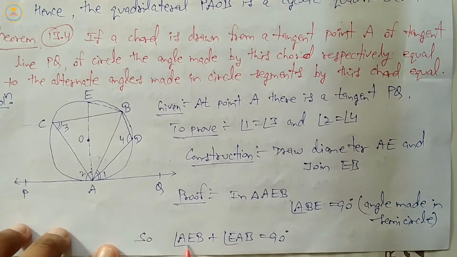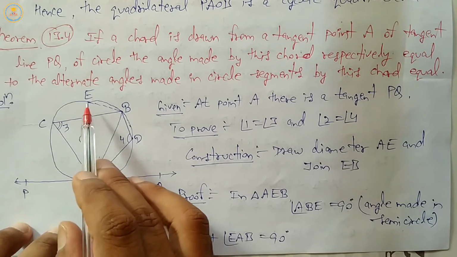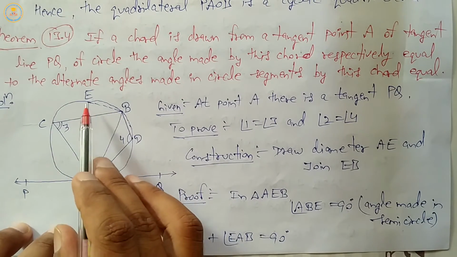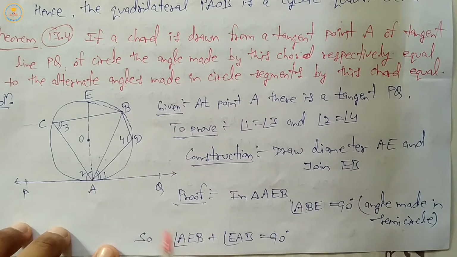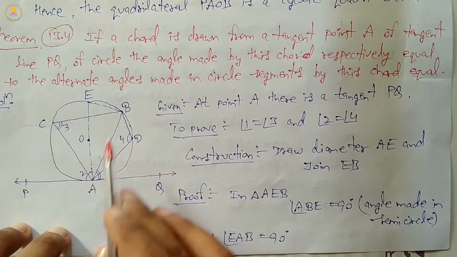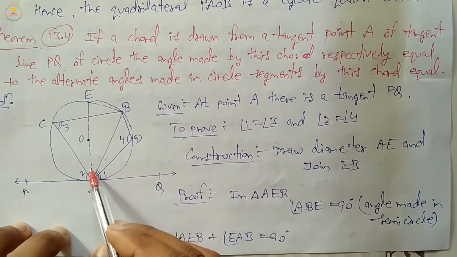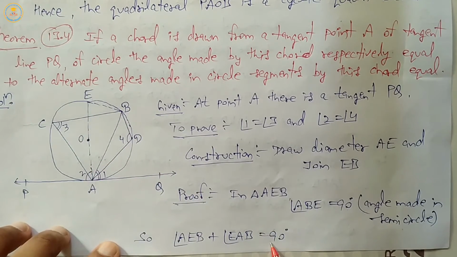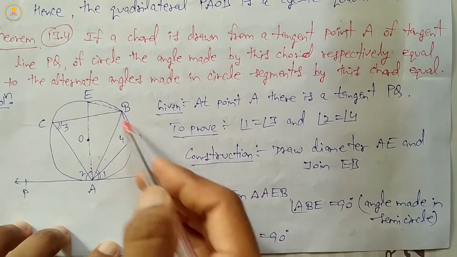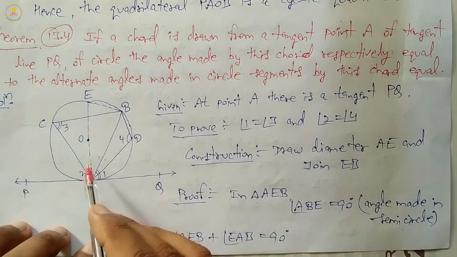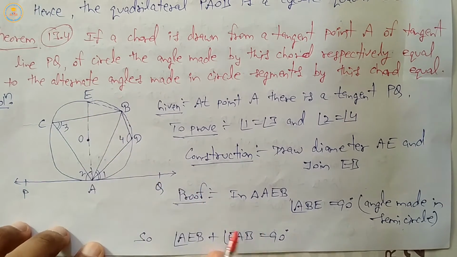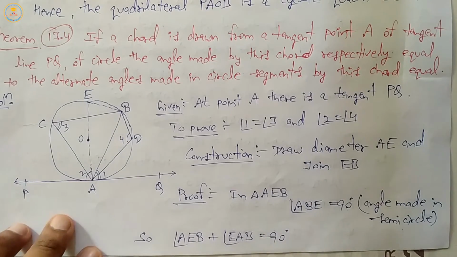Now angle AEB plus angle EBA plus angle EAB. This one is 90, so E plus A also 90 degree, because in a triangle the sum of all angles is 180, it means angle A plus angle E equal 90 degree.